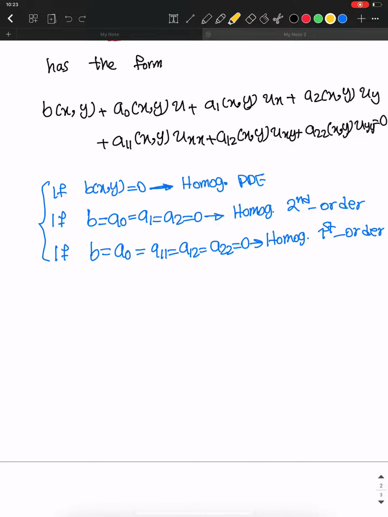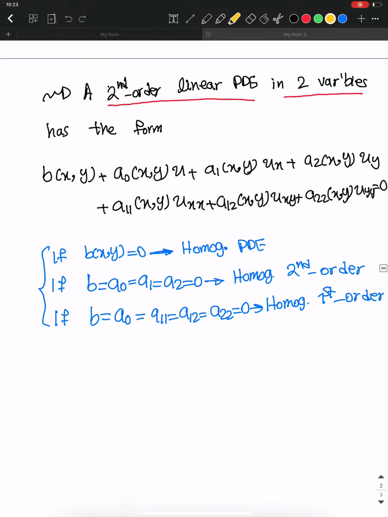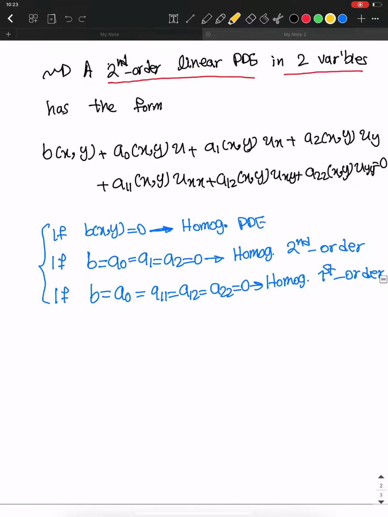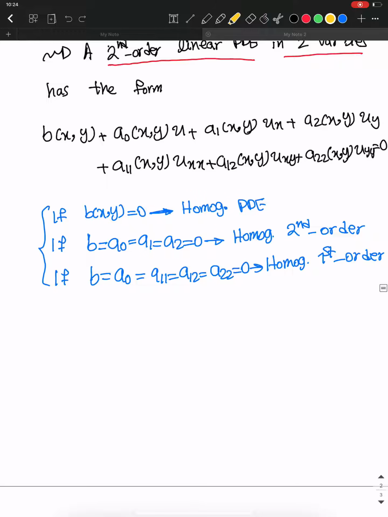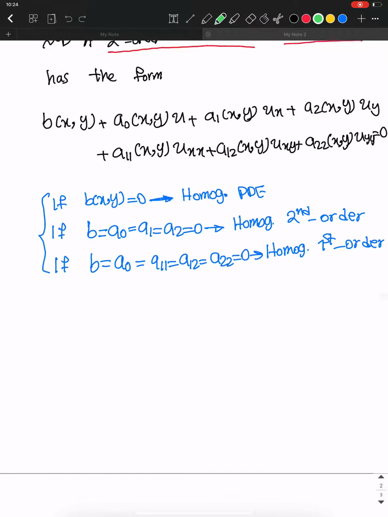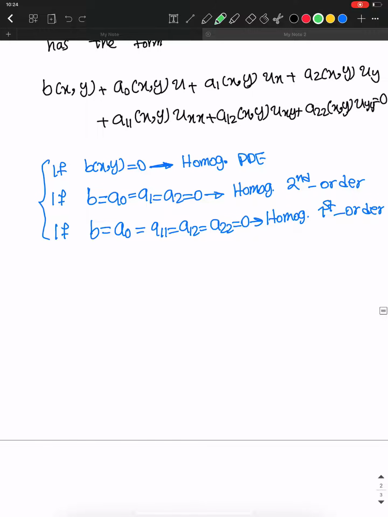And now I want to talk about an important topic, which is some classical equations of math and physics, or some canonical homogeneous PDEs in two variables. These are some of the famous PDEs that you can see.